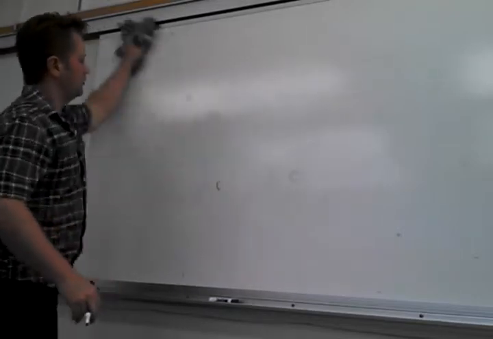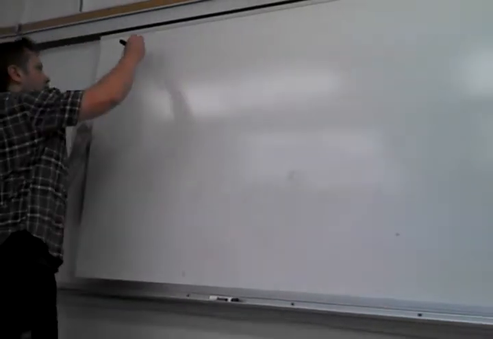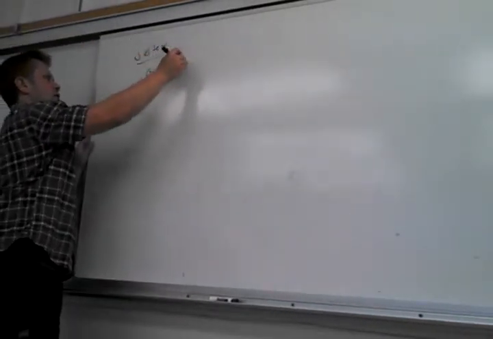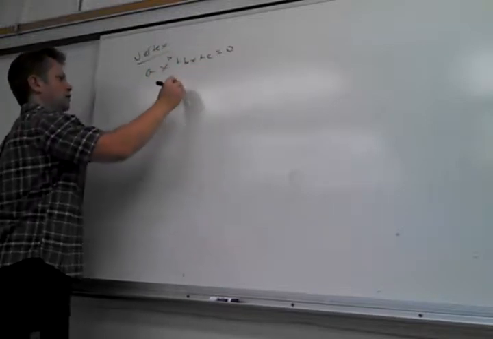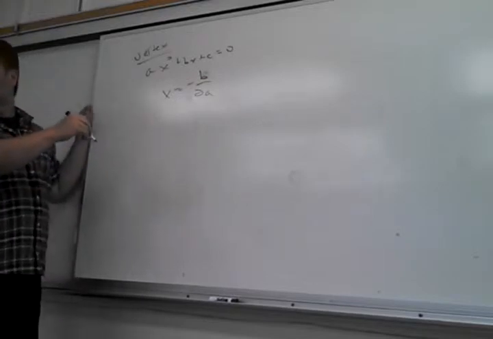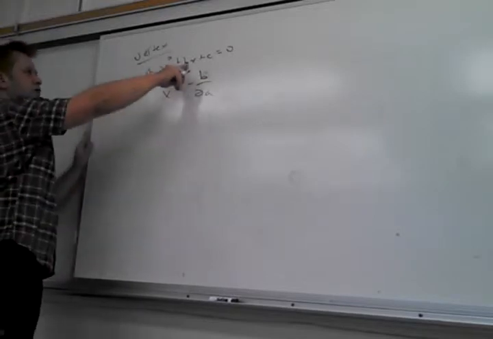That's the power of coming here on time. Sorry. That's okay. Well, how do you find the vertex? If I give it to you like this, x equals negative b over 2a. Whatever that is, plug it in.